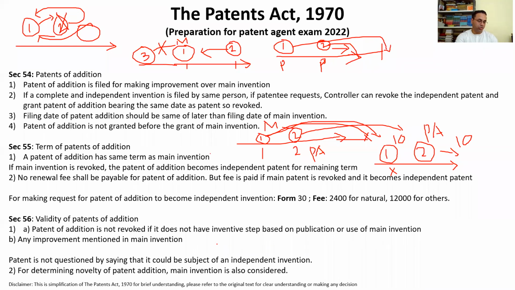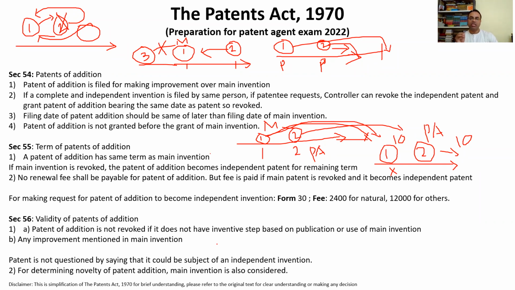And the last point, 56(2), says that for determining novelty of a patent of addition, the main invention is also considered. It says, for removal of doubts, it is hereby declared that in determining the novelty of the invention claimed in the complete specification filed in pursuance of an application for a patent of addition, regard shall be had also to the complete specification in which the main invention is described. So novelty is counted. We know that to file a patent, we need novelty and inventive step.